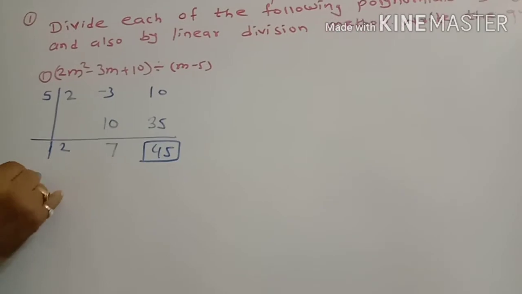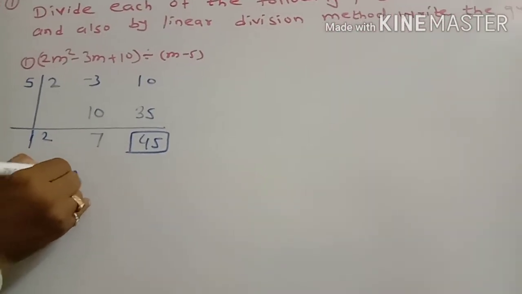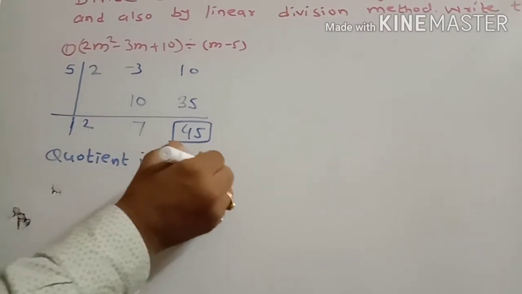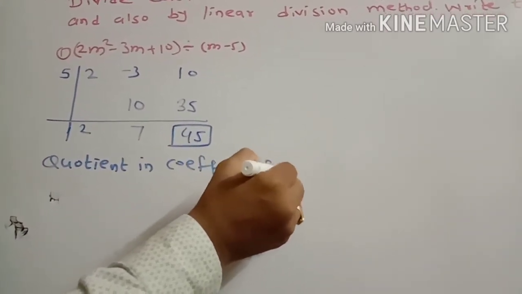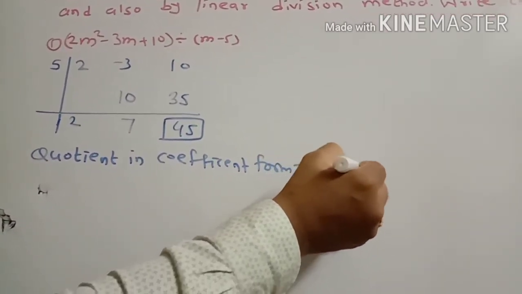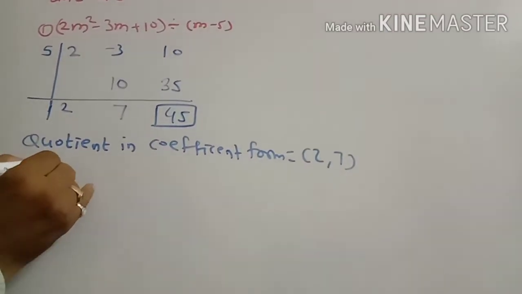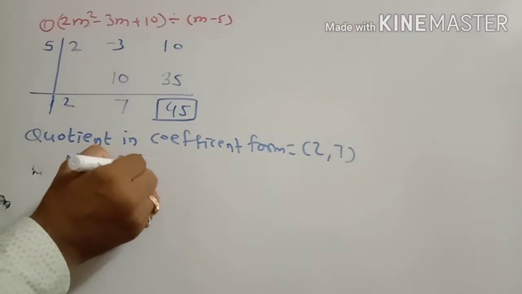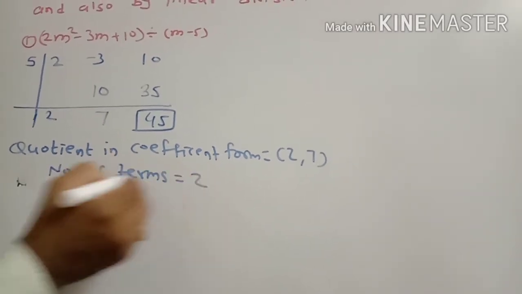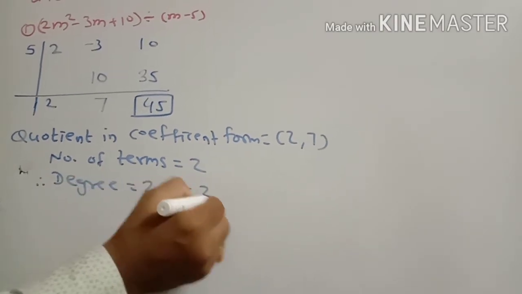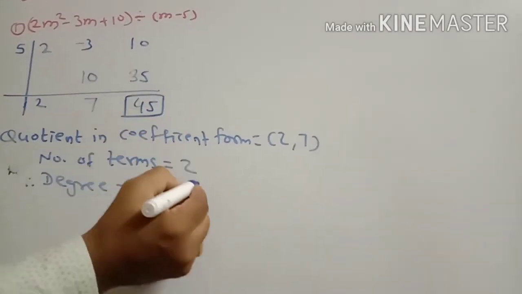Now the quotient in coefficient form is 2 and 7. Now the number of terms is 2, and therefore the degree of this is 2 minus 1, which we already said in the previous practice.